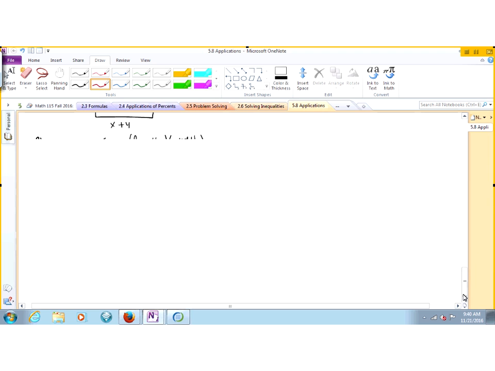Here you just have to substitute the value. So the other application. All right. So let's see. So it talks about the number of handshakes.